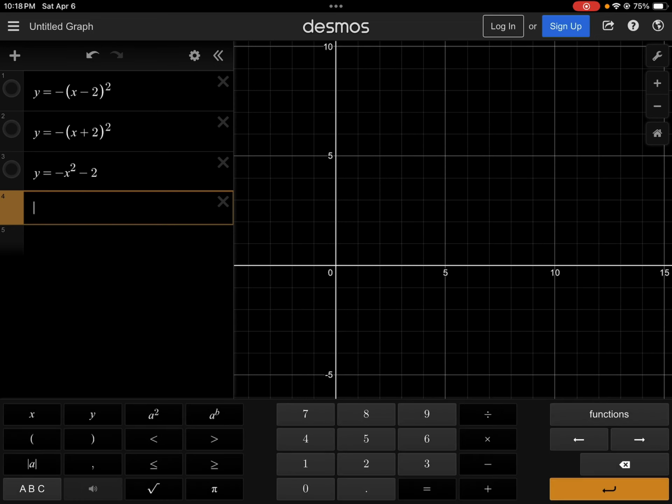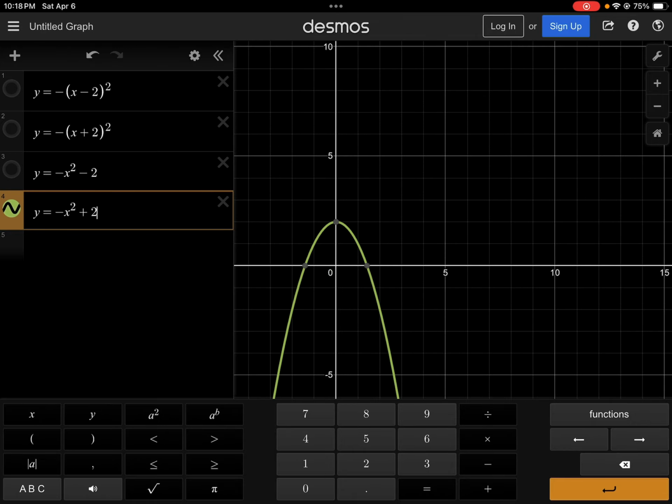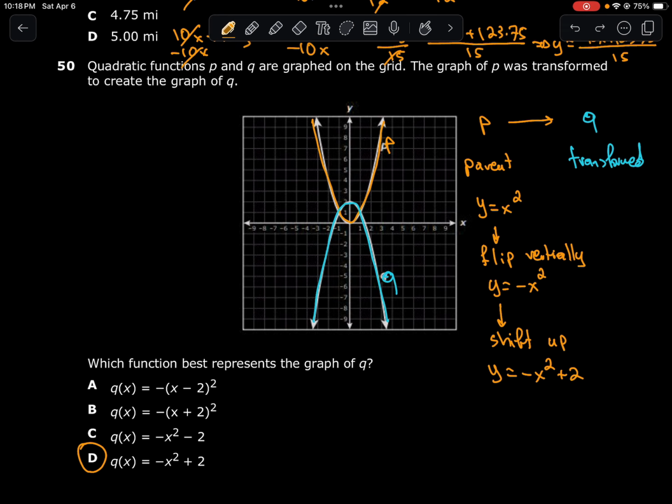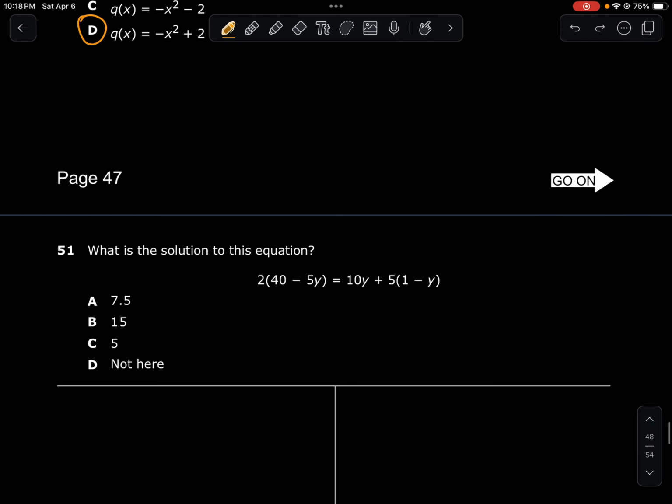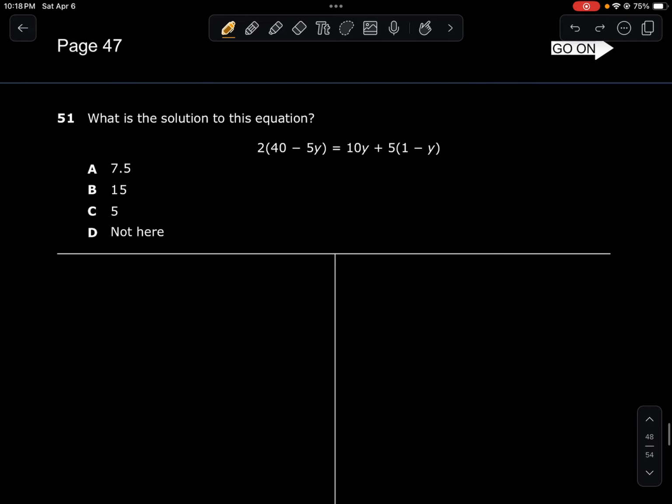That's not what I got. What I got is y equals -x squared and then +2, and that's going to be up. So if you see it, fine.